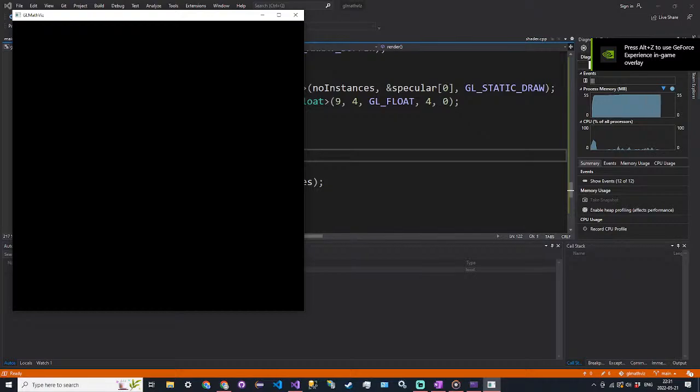I saw the sphere somewhere. There it is. It's weird that we're not getting a single vertex.